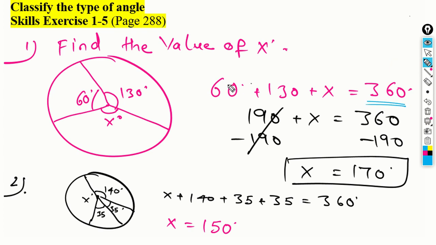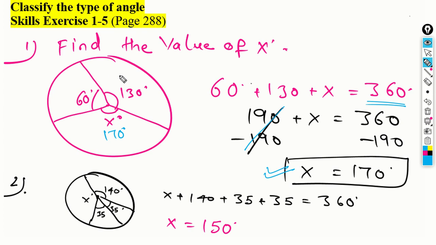Now 60 plus 130 gives 190, plus x is equal to 360. Now you do minus 190 both sides, and this will cancel out. 360 minus 190 will give you 170, right? That's your answer. So x is equal to 170 degrees.